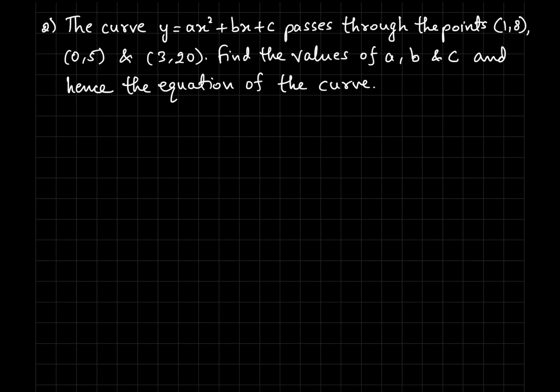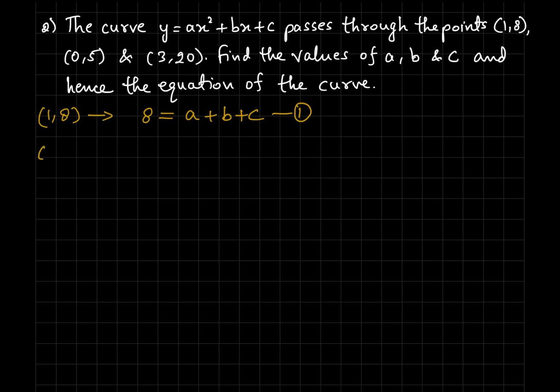Same way, let us substitute the point (1, 8) in the curve. My y value is 8 and x value is 1. So y is 8 equals a times 1 square, so it is a, plus b times 1 is b, plus c. So this is my first equation.